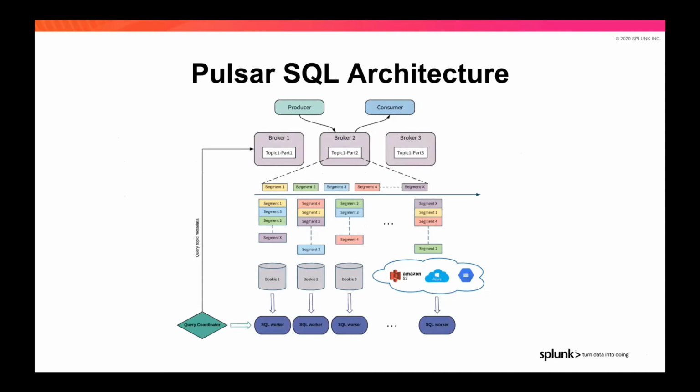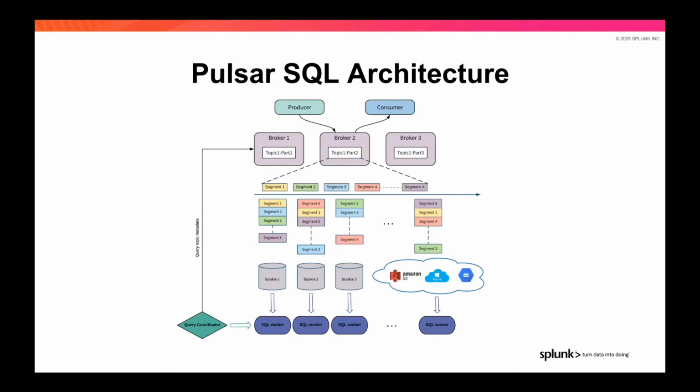But the coordinator will be fetching the topic metadata from the brokers, as I mentioned before, basically the starting and ending points in the storage layer where each worker will start and end reading.